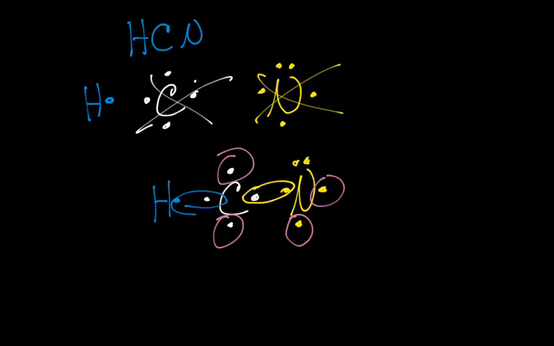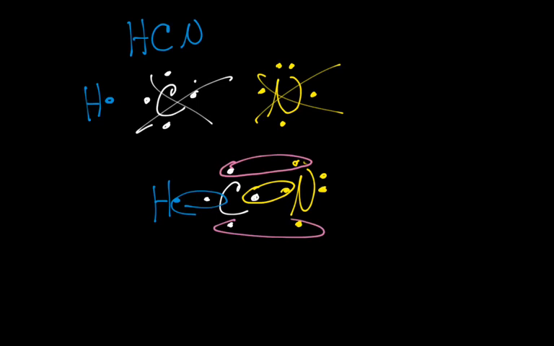So let's try that. The first thing I'm going to do is rearrange a little bit on nitrogen. I'm going to move this electron and put it here. It doesn't really matter as long as you have the same number of electrons. Now carbon and nitrogen can share those electrons and those electrons.